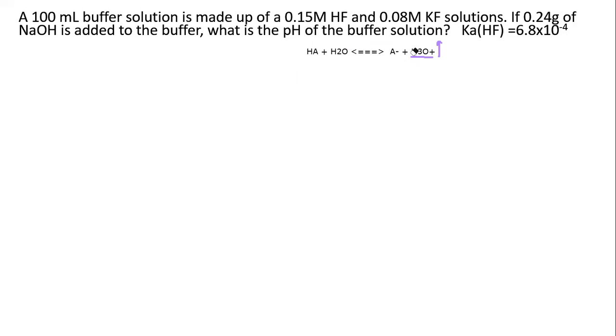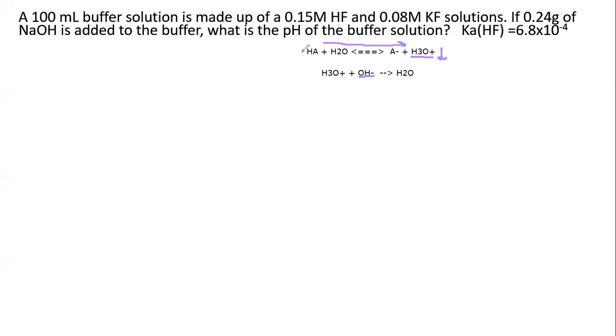Likewise, if we add a strong base, so if we add a hydroxide, what happens is there's a secondary reaction. As you add hydroxide, it reacts with the hydronium ion, so this decreases because you keep on reacting with the hydroxide that you added. So since this is decreasing, you're removing a product, so it's going to shift to make more product.